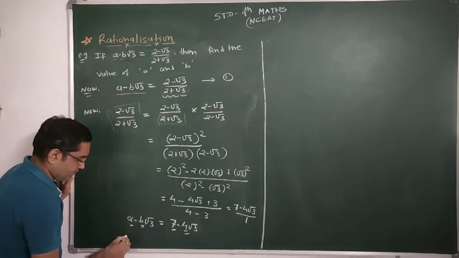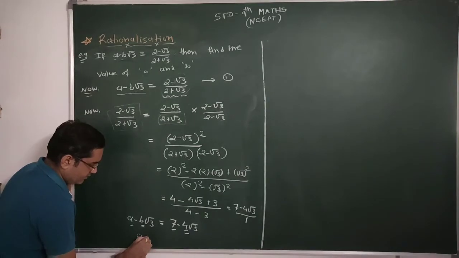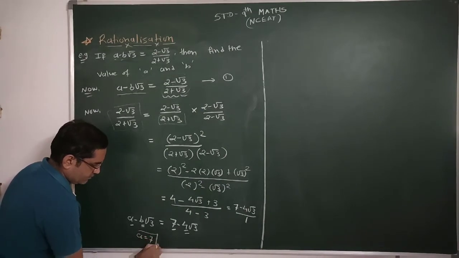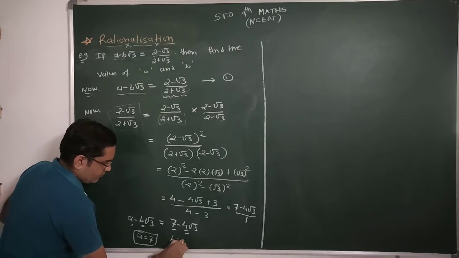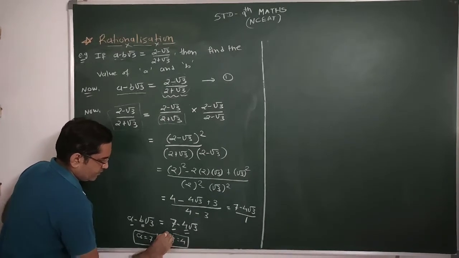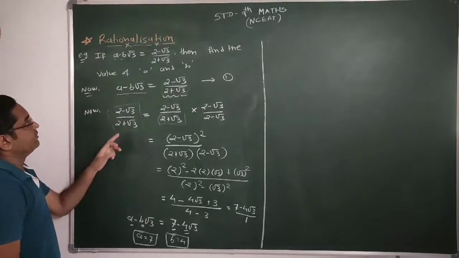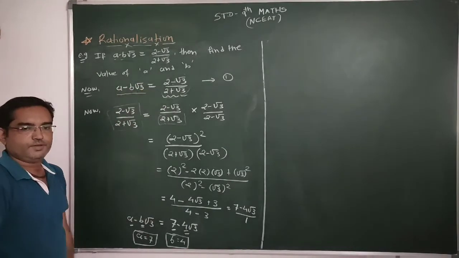So by comparison we can write a equal to 7 and b equal to 4. These are the values of a and b. Done?